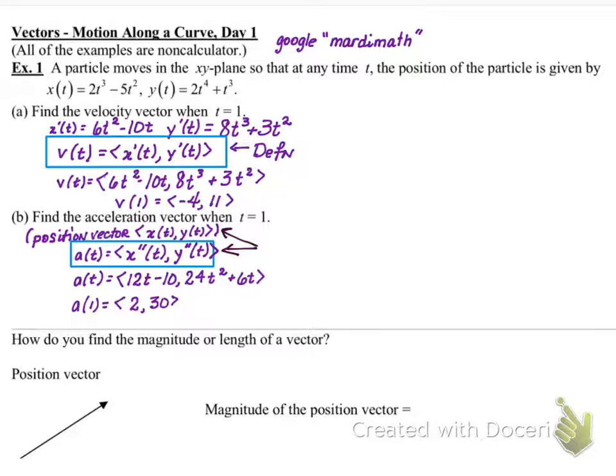Now we're going to go through and discover the magnitude or the length of a vector. In order to find the length or the magnitude of a position vector, we just use the Pythagorean theorem, and that will give us our magnitude or length of the vector. Okay, so we just found the length of the vector.